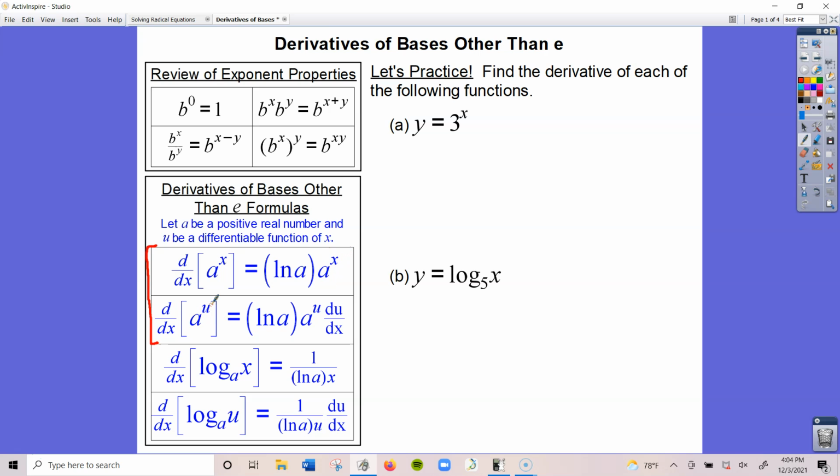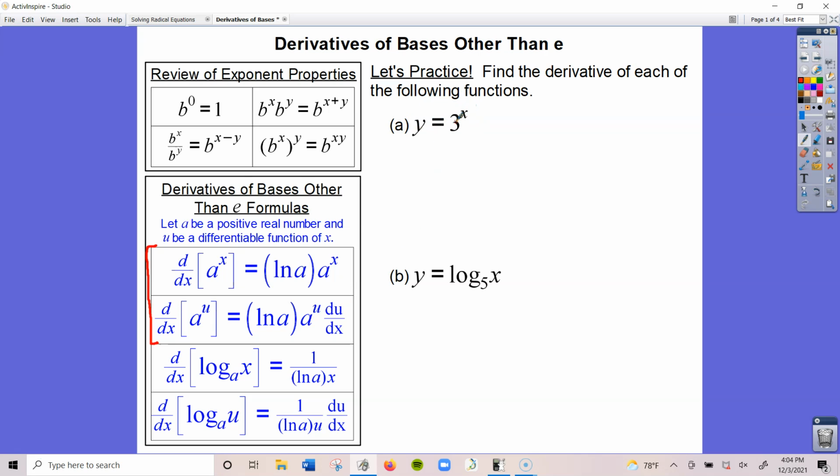If your exponent is something other than x, maybe some other function, in this case I'm calling it u, then the derivative would be the ln of the base times the exponential exactly as it is, and you multiply it with the derivative of the exponent. So essentially these are the same thing. It's just that if your exponent is something other than x, you multiply by the derivative of that exponent.